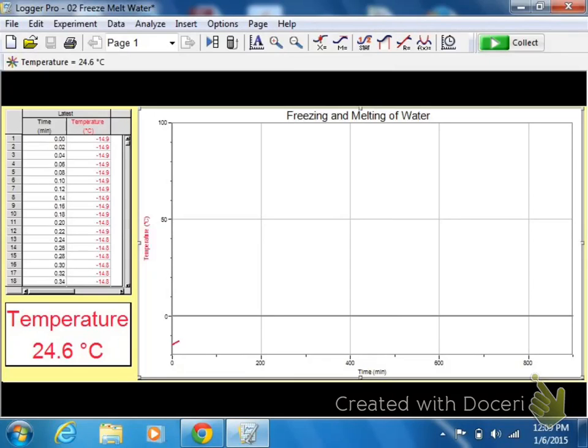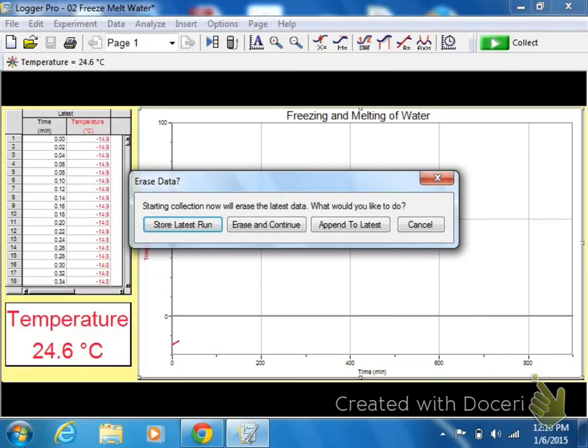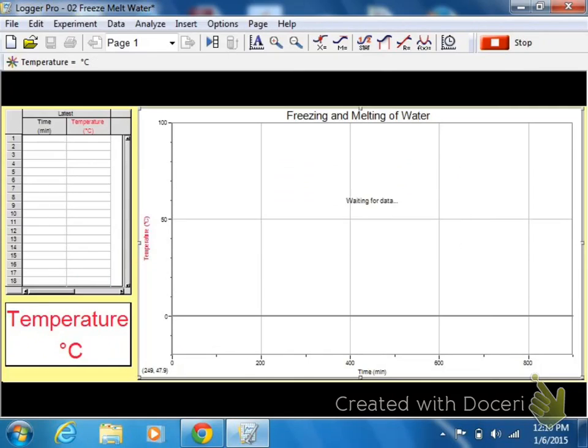So, as we graph and start this, we are going through the process of taking water at room temperature. Water's at room temperature right now. If we start collecting, we'll know what room temperature is going to be.